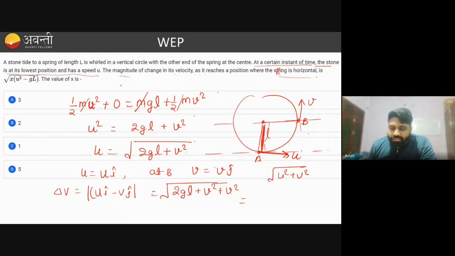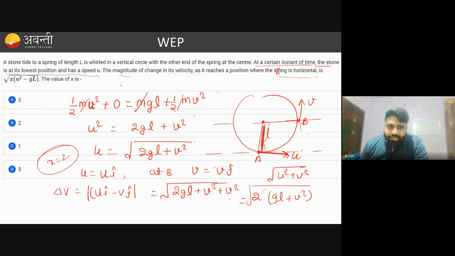This is just a change of plus-minus sign. So you can say it is the square root of 2 times of gl plus v square. The value of x here will be this; we have replaced this v by u, so that is why this miscommunication is happening. So the option is 2 here.